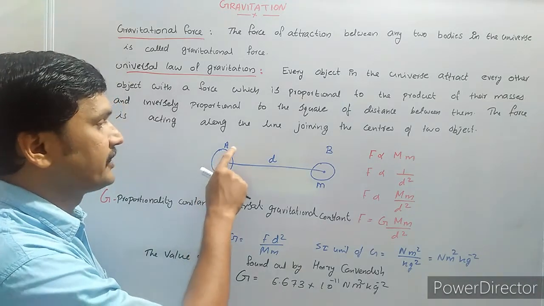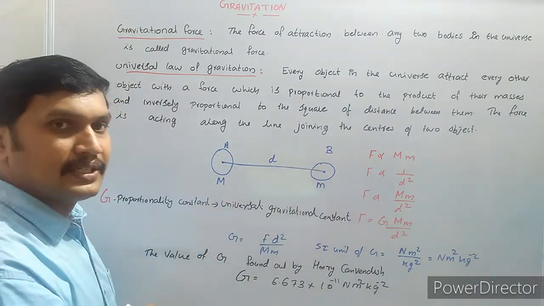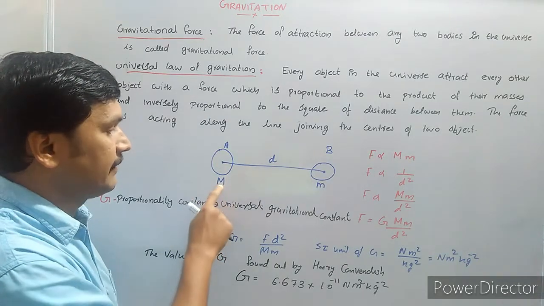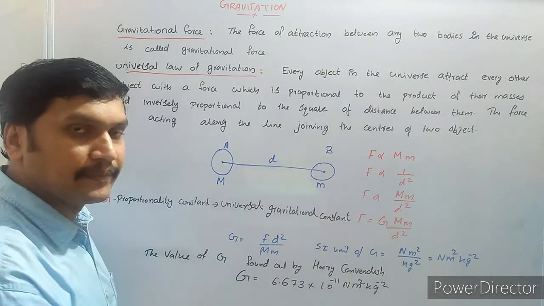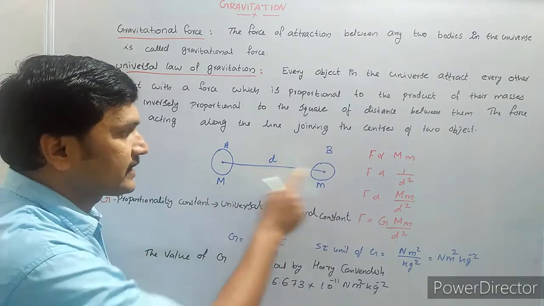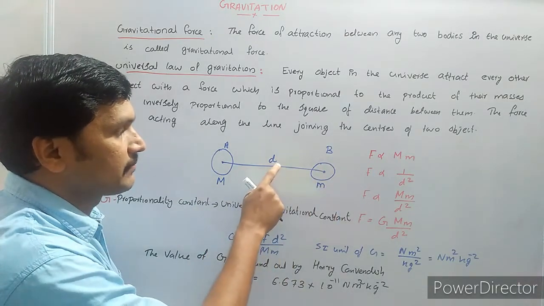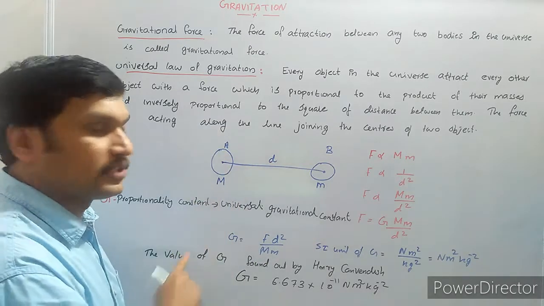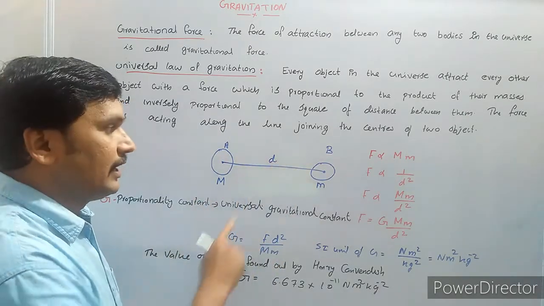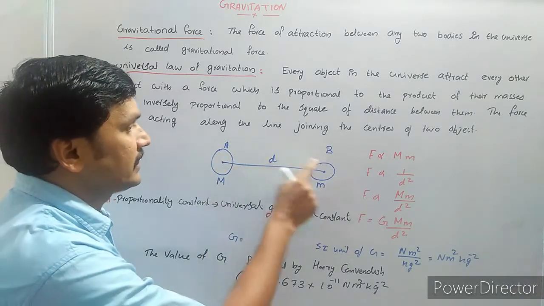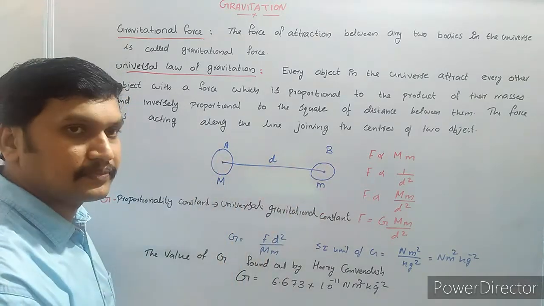Here we have two objects, A and B. Say the mass of A is capital M and the mass of B is small m. These two masses are separated by a distance d. Actually, d is the distance between the centers of these two bodies.